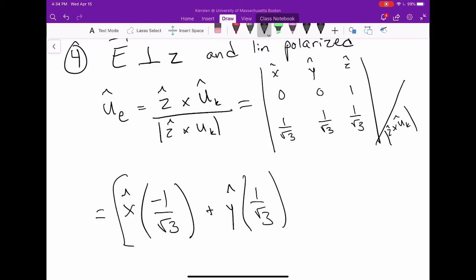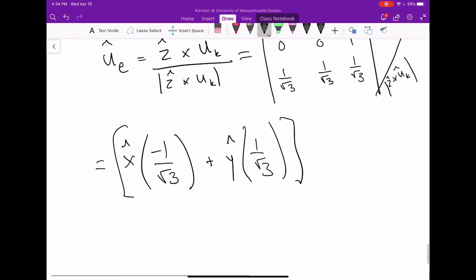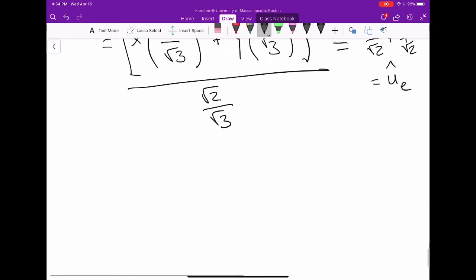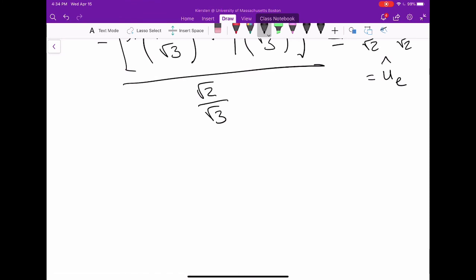So I have to do that and then divide by its magnitude, which is root 2 over root 3. So what I get is minus x hat over root 2 plus y hat over root 2 as my electric field polarization vector.